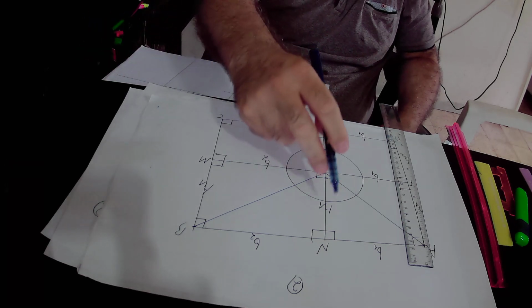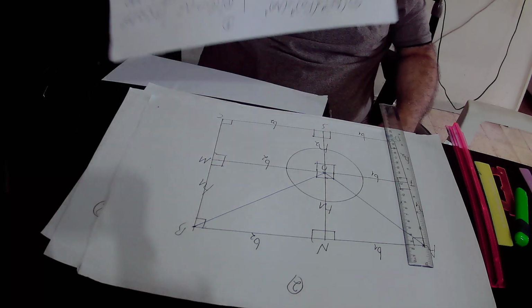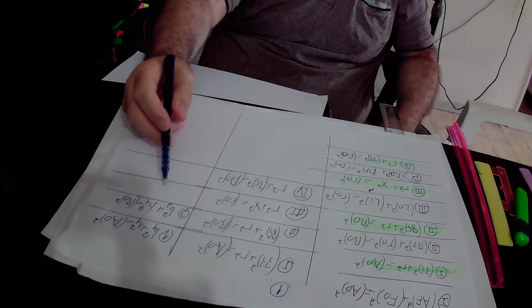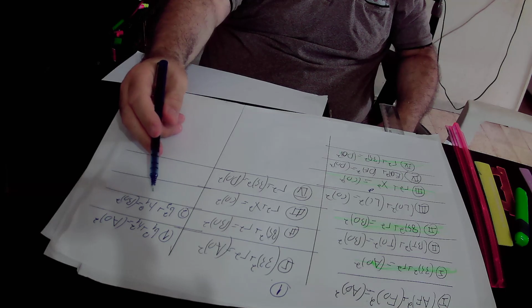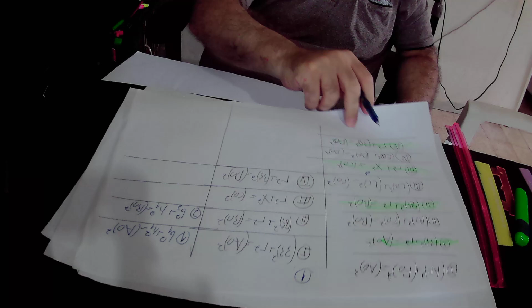Repeat again, in the right triangle NOB, we get that according to the Pythagoras theorem, B2 square plus H1 square equals BO square.